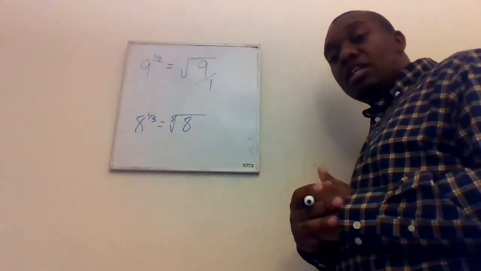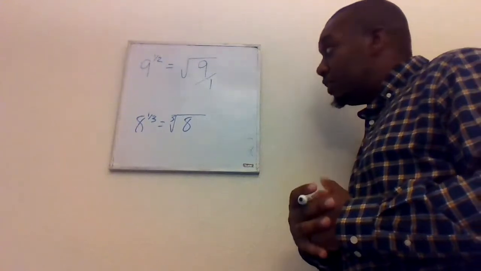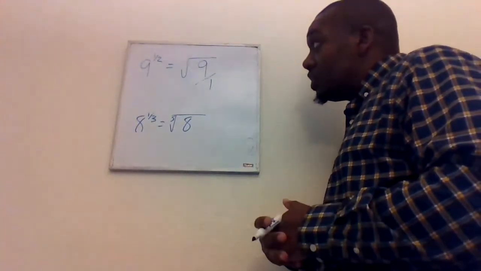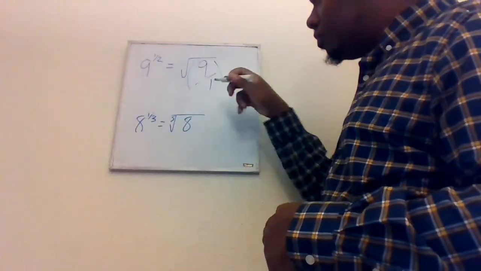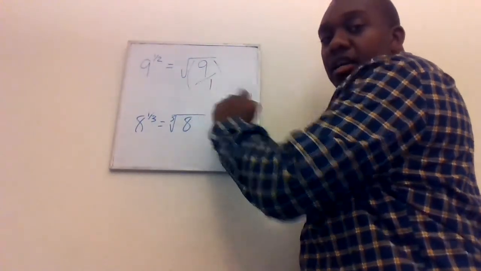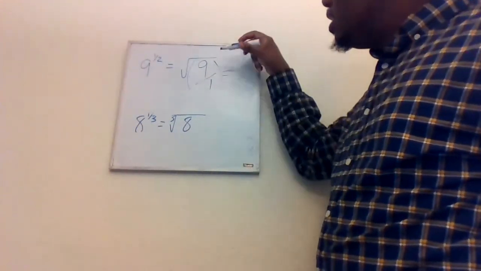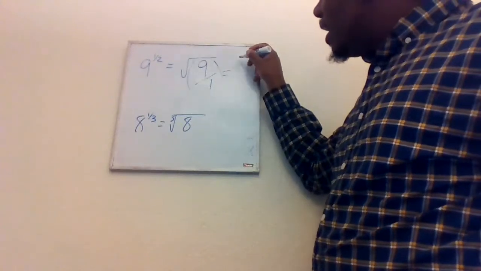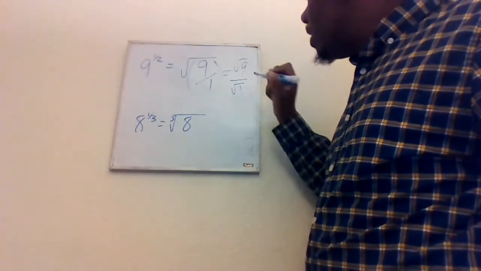How to actually take a square root and a cube root of a fraction, or any root for those of you that want to go further. If we take the square root, we really want to take the square root of this entire thing. That means each part: take care of the numerator and take care of the denominator separately. So this would be the square root of 9 over the square root of 1.